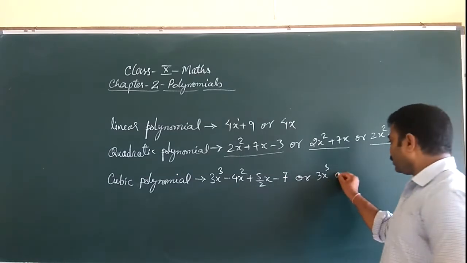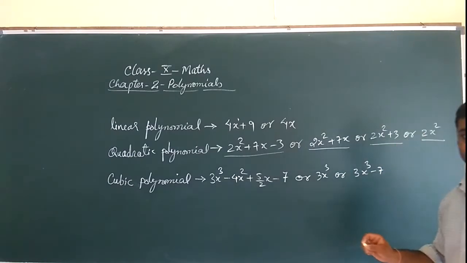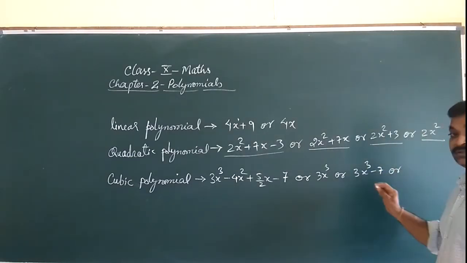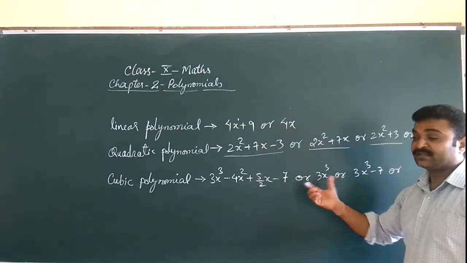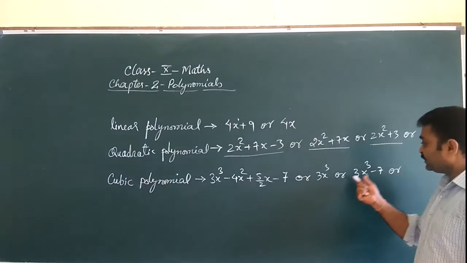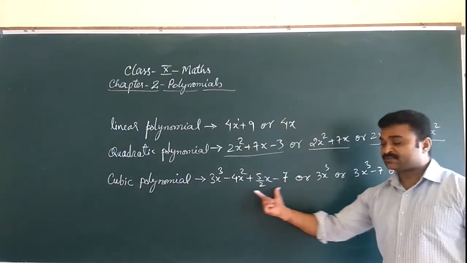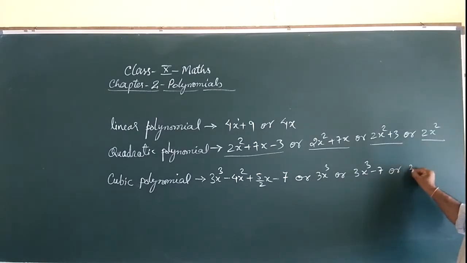Got it? Or we can write 3x cube minus 7. So a cubic polynomial can be written in the form of 3x cube minus 7, or you can write 3x cube minus 4x square.